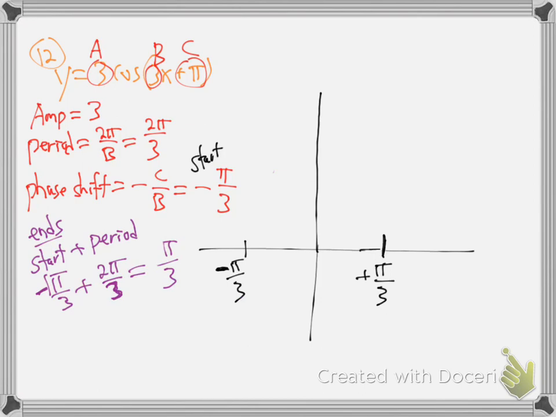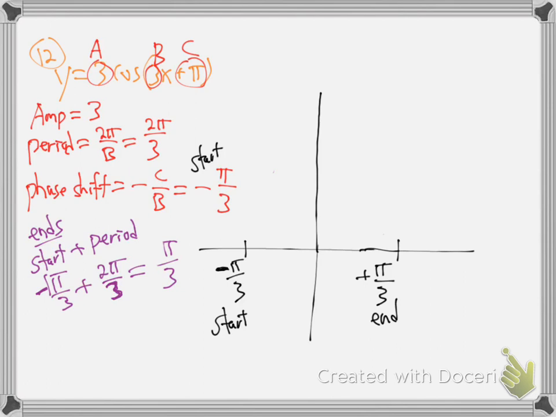We good there so far? My spacing doesn't look quite even. Whatever. There we go. So we got the start. We got the end. Like that. Now, in between the start and the end, what kind of graph are we going to put in?